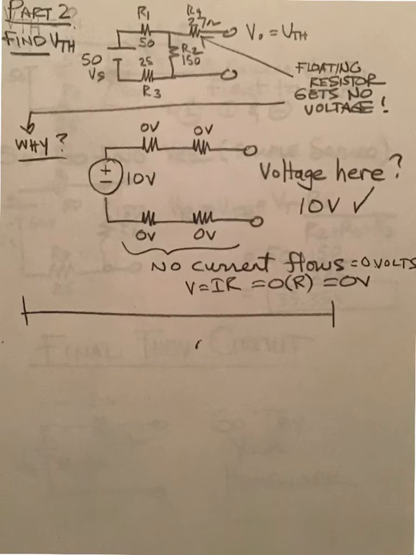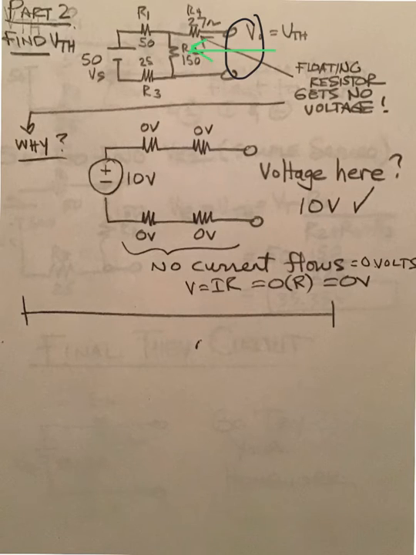Now, before I find V Thevenin, which is located right up here across this gap, I have to come to terms with what voltage is floating out there. And I want you to notice that the floating resistor, R4, up at the top, it has no current. And so the voltage that we need is actually sitting over here behind it.